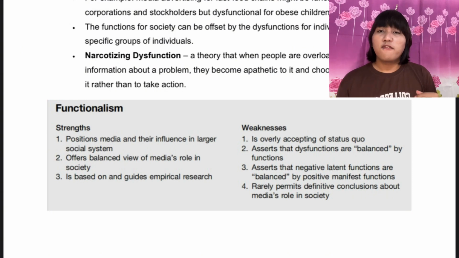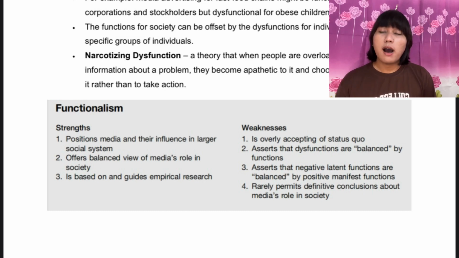The strengths of functionalism are, first, it positions media and their influence in a larger social system. Second, it offers a balanced view of media's role in society. Third, it is based on and guides empirical research.